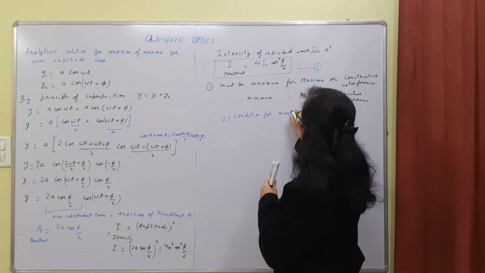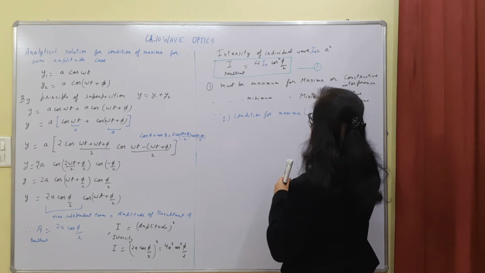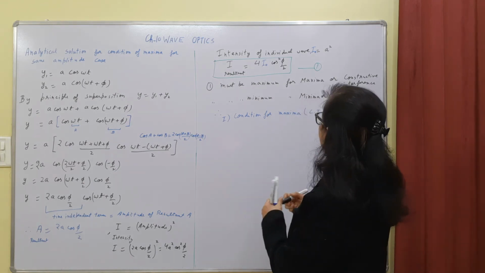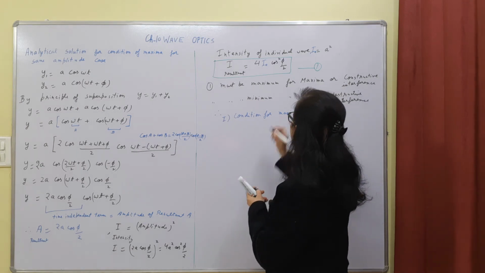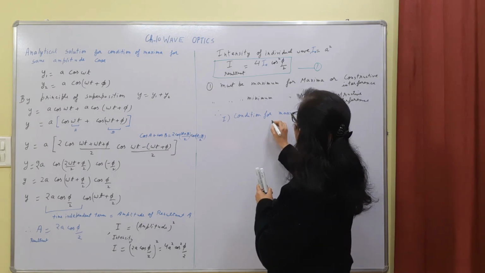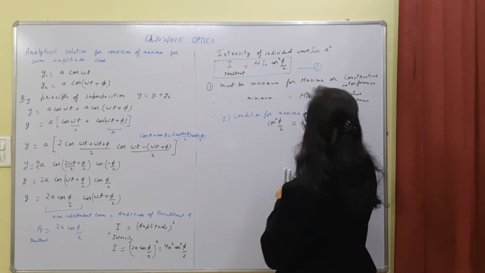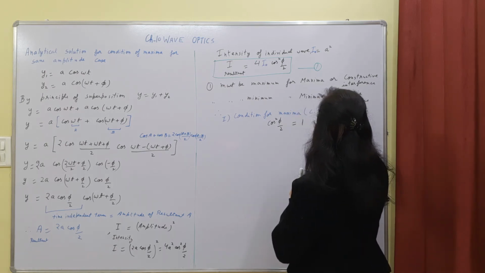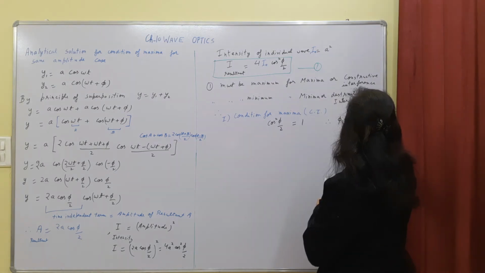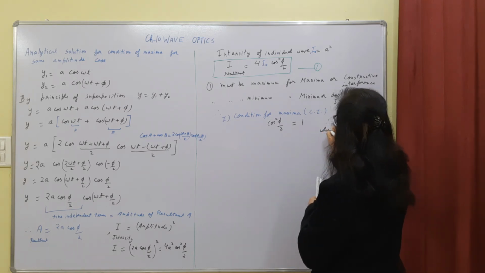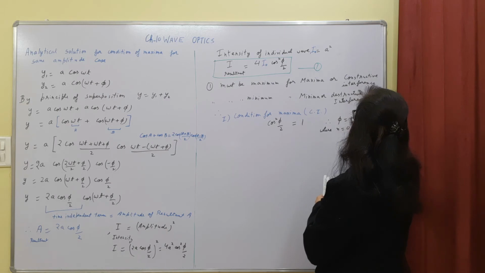So therefore, we can write the condition for maxima, that is constructive interference. This will be written as cos square phi by 2 must be 1. So therefore, phi is equal to plus minus 2n pi, where n is equal to 0, 1, 2 and so on, right?